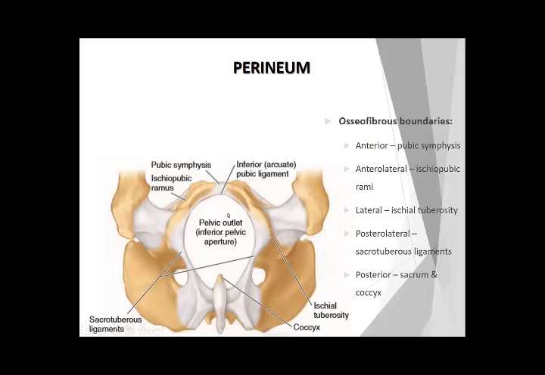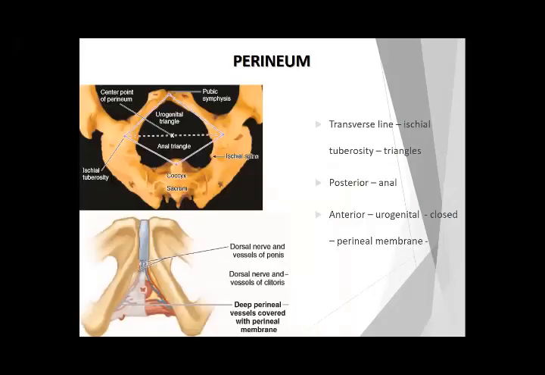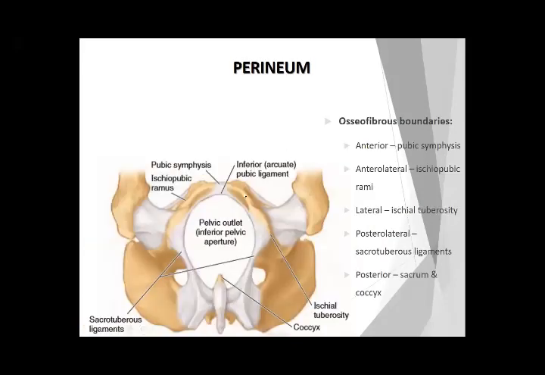I repeat once again, the osseo-fibrous boundaries are: anteriorly the symphysis pubis. Anterolaterally is the ischiopubic rami.